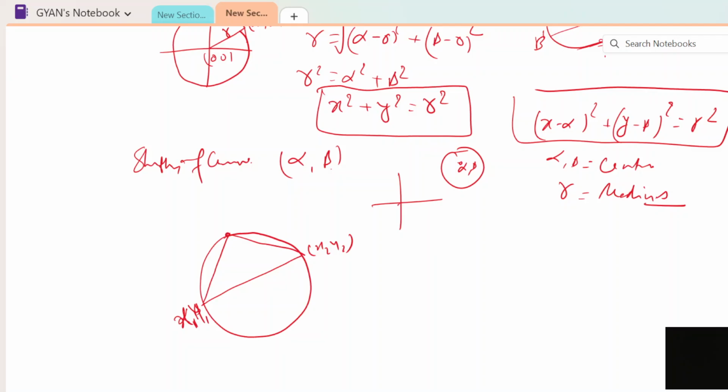So the locus of this point will form a circle because this is 90 degrees. That means this line is perpendicular to this line. Suppose this point is (alpha, beta).